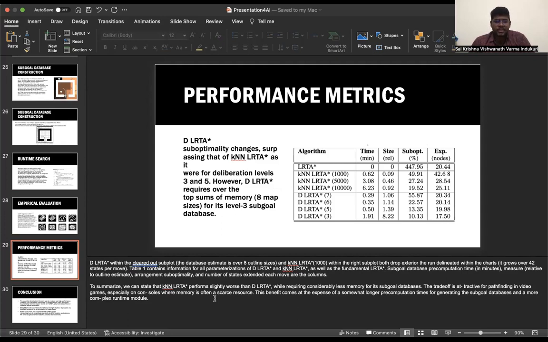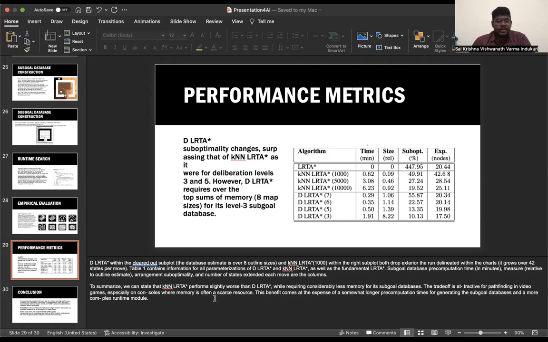Table one, in the picture, provides data for all parameters of the KNN LRTA star and the basic LRTA star, covering the sub-goal database pre-computation time, size, solutions, suboptimality, and number of states expanded per move in the columns.